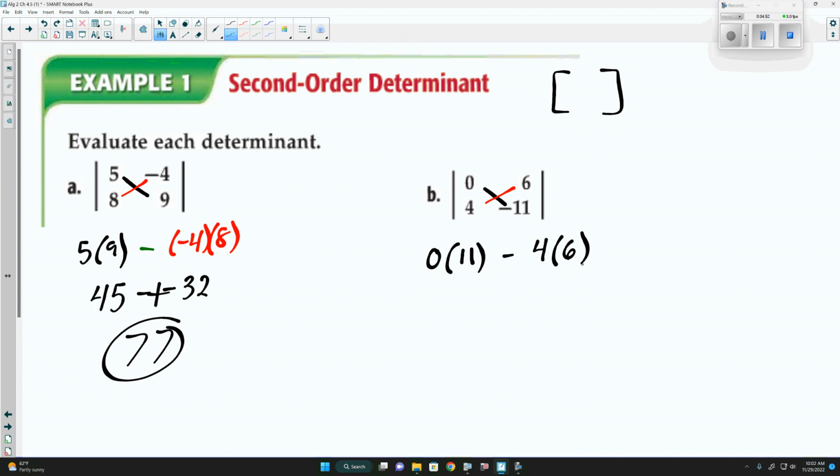Well, 0 times 11 is 0. 4 times 6 is 24, so really this is negative 24. So really with 2 by 2s, it's almost as fast to do it by hand as it is to type it in, to go and do second matrix, plug the matrix in, then get the determinant of that matrix, and be done.